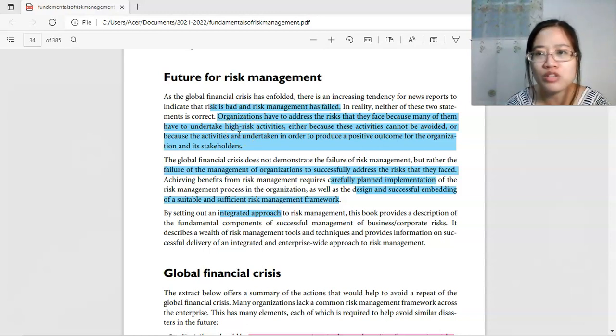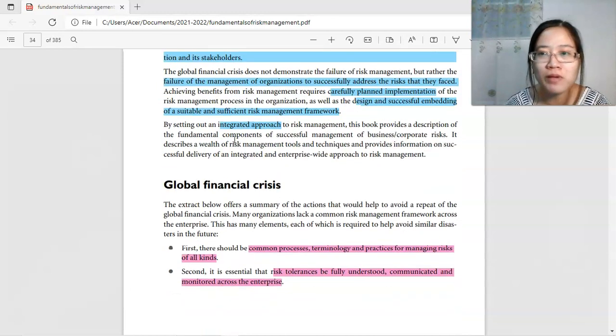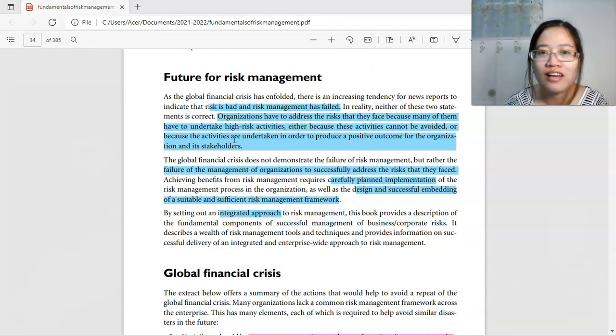Okay? After ng 2008 financial crisis na nabanggit dito sa book, some people were questioning the role ng risk management. Kasi kung meron nang risk management, kasi nga 2002 yung nauna na financial crisis, tapos in-introduce yung Sarbanes-Oxley, tapos nagkaroon pa rin ang 2008 financial crisis. Ayan.